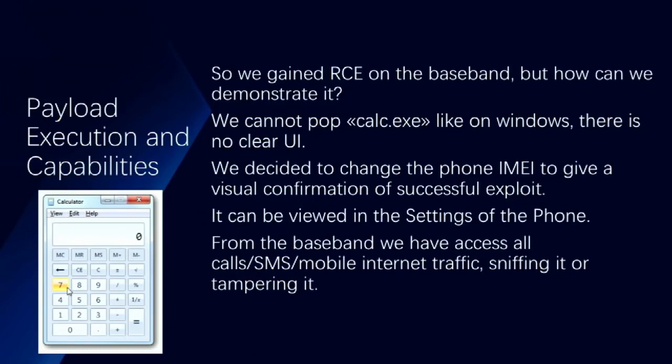So we decided from the baseband to change the phone IMEI, which is like a phone identifier. And this identifier can be checked from the settings of the phone. So after our exploitation attempt, the judge can just go to settings and see if we successfully changed the IMEI to 1337, 1337.